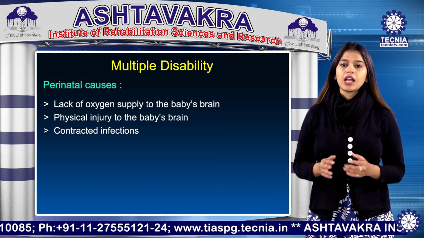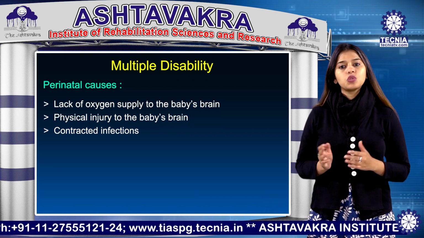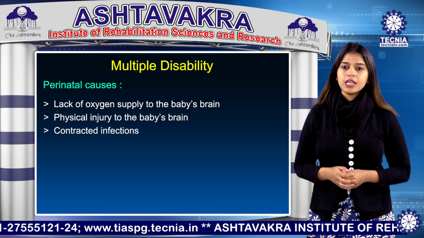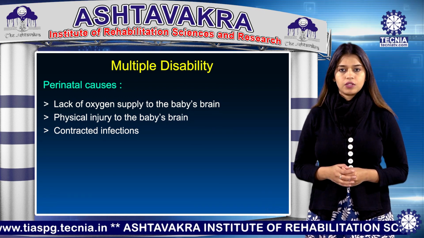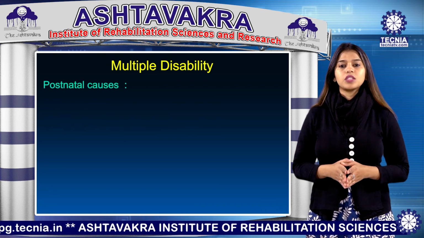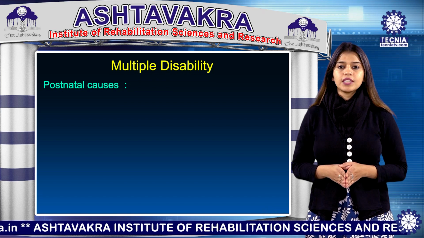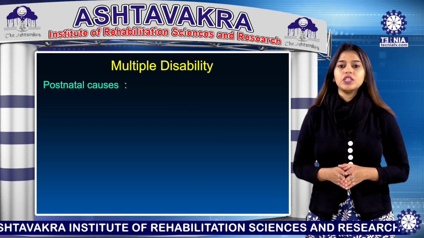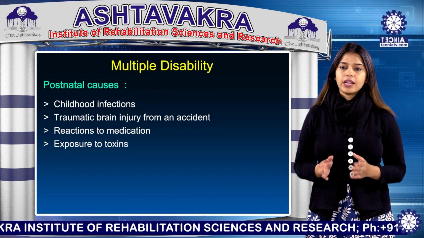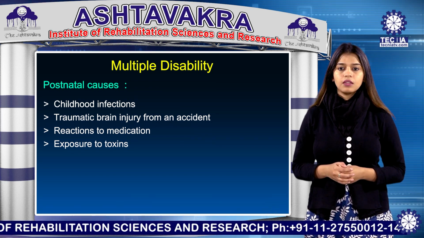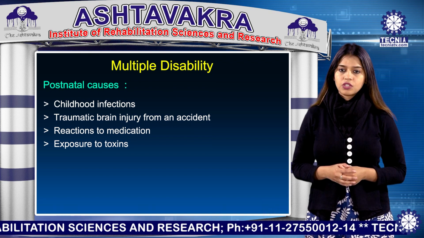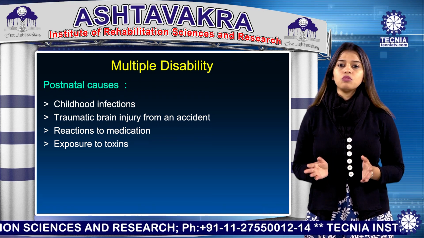It includes lack of oxygen supply to the baby's brain, physical injury to the baby's brain, and contracted infections. The third is postnatal cause, which is after the birth of the child. It includes childhood infections, traumatic brain injury from an accident, reaction to medication or exposure to toxins.